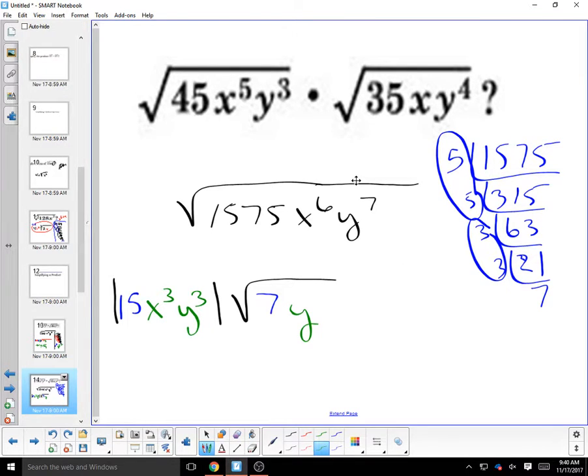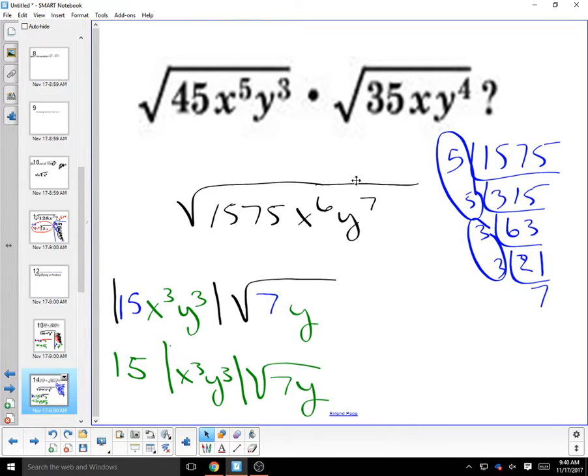Do I need to worry about 15 becoming a negative number? Not really. Do I need to worry about x to the 3rd becoming a negative number? Yes. So that will stay in absolute value bars, and the y will stay as well, and we've got 7y to complete this. So that's what it should look like. And if you want to leave that 15 inside too, more power to you.